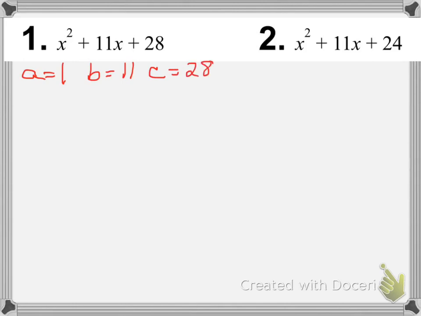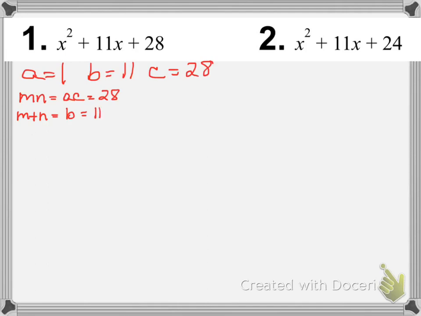If we follow the rules, the magic numbers multiplied have to equal whatever a times c is. Well, a times c is 1 times 28, which is 28. My magic numbers added have to equal whatever b is, and b is 11.